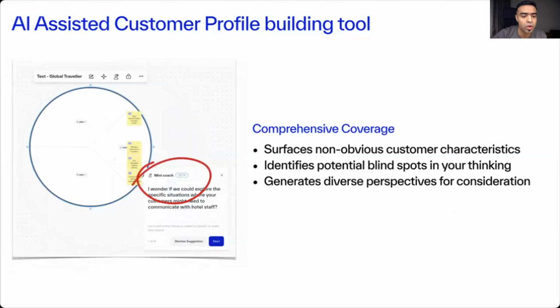We have something called the mini coach at the sidelines, and that mini coach assesses all these different aspects of your jobs, pains, and gains and tells you whether it is good, good enough, or could be better, and gives you better suggestions to improve upon these. That's how you can build your customer profile, and you start with something that you can test with.